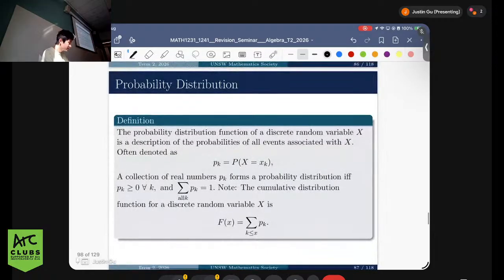And the probability distribution of a discrete random variable is a description of the probability of all events associated with X. And we denote it with p subscript k, where p subscript k is the probability of our random variable being one of a number in X's codomain, right?